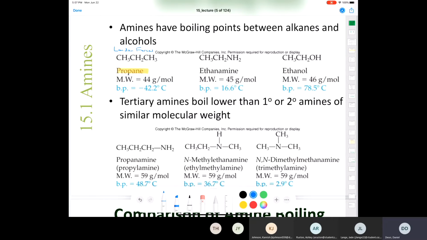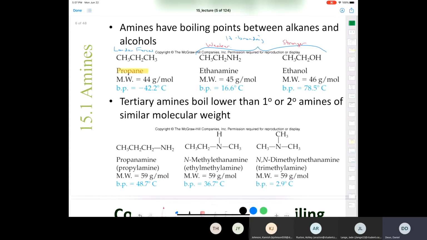Then we have ethanamine and ethanol, which have similar molar masses. They can both participate in hydrogen bonding, okay? But what's the difference? Is that the hydrogen bond in ethanol is stronger, okay? And the one in the amine is weaker. And again, that's based on electronegativity.